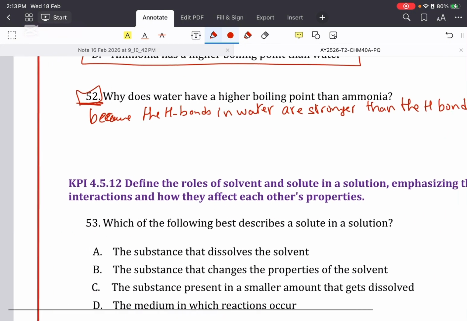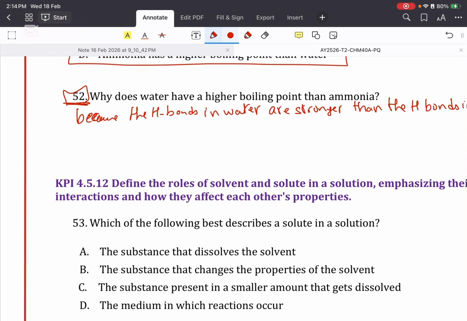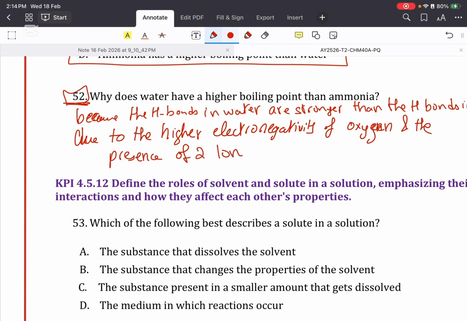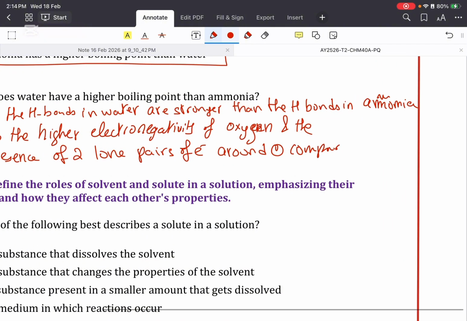Also, I need to mention why the hydrogen bonds are stronger, due to the higher electronegativity of oxygen and the presence of two lone pairs of electrons around O compared to one lone pair around N.